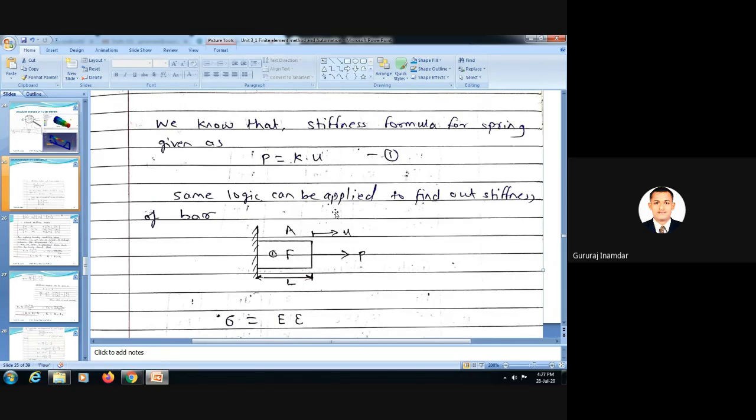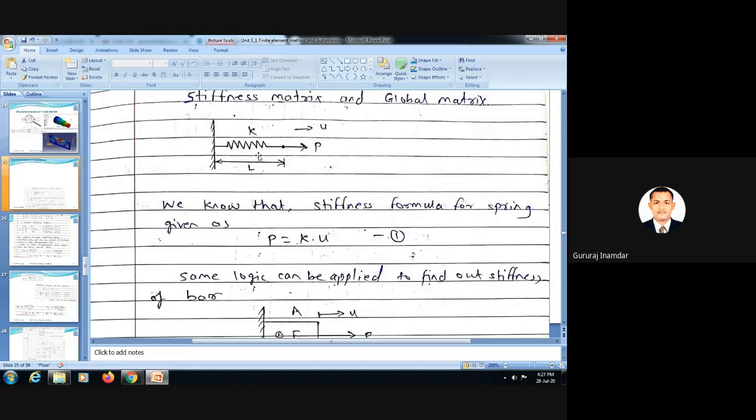Now one thing is remaining. In the spring, suppose we have taken two nodes here. A node is where the analysis will be happening. In this spring we have taken two nodes, one as a fixed end and the second as the forced load.